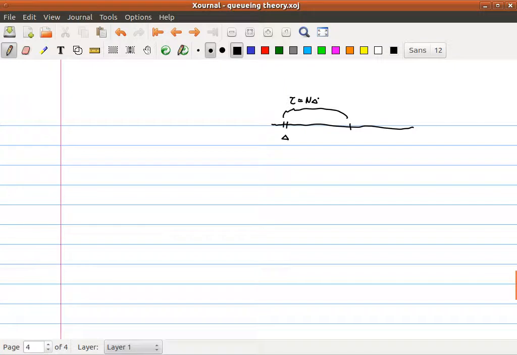Now we want to find the probability that there will be, let's say, m arrivals, since I already have a big n here, within tau.